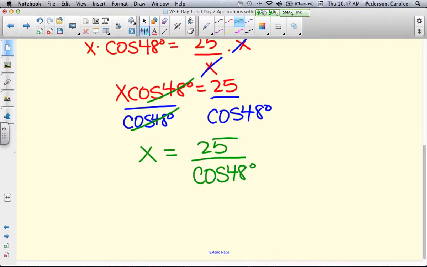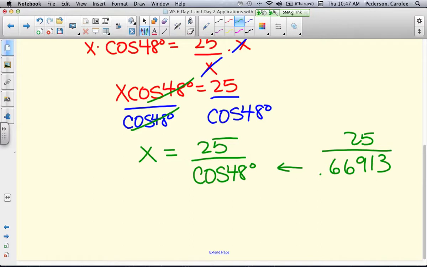Now we need to use our calculator. Make sure that your calculator is set up in degree mode. So let's just find out what is the cosine of 48 degrees. So enter in cosine 48. This value is 0.66913. Then the numerator is 25. We'd rather have you throw it in your calculator all in one shot.